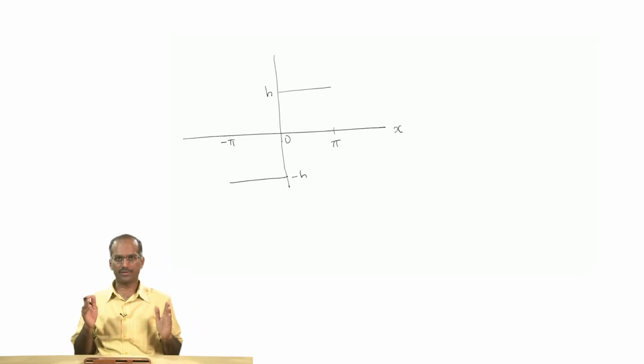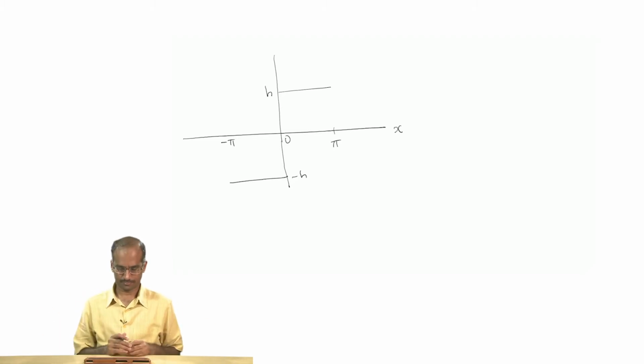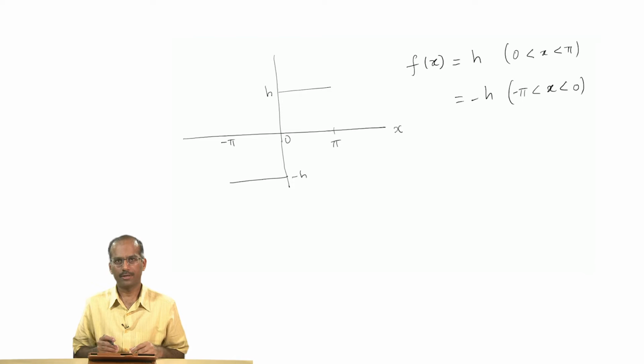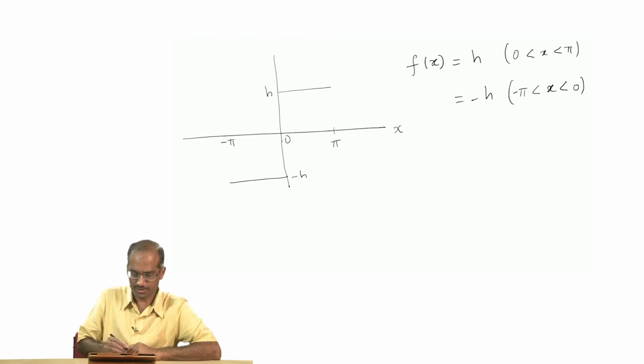And then outside of this range between minus pi and plus pi, it repeated itself. So it is a periodic function, this is its basic periodicity. And we calculated the Fourier series for this function.